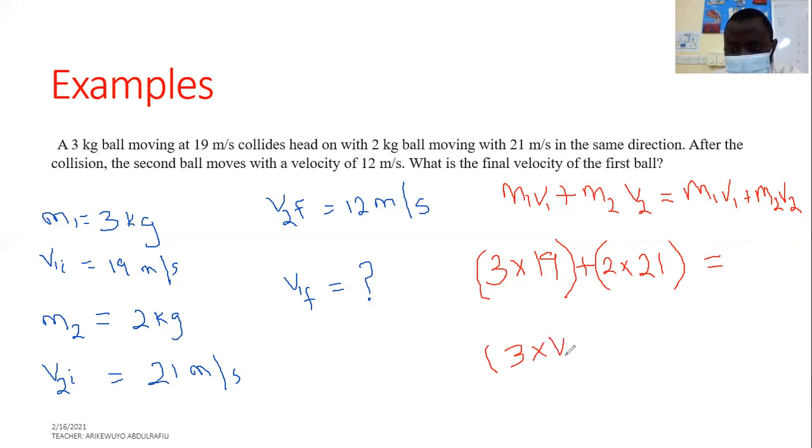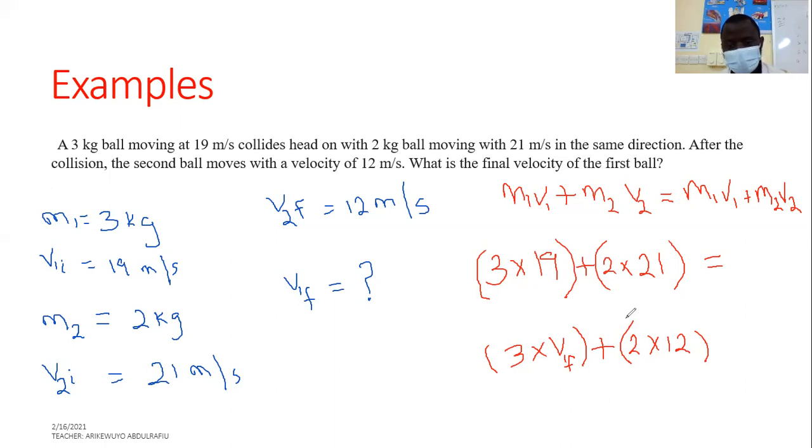So I write this as v1 final, plus, but for the second ball, I know the mass and the final velocity, which is 12. So my task is easier now.